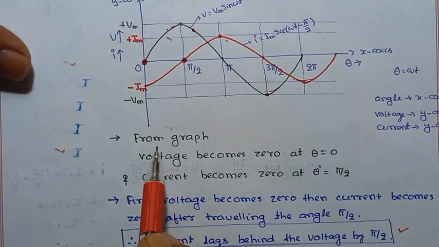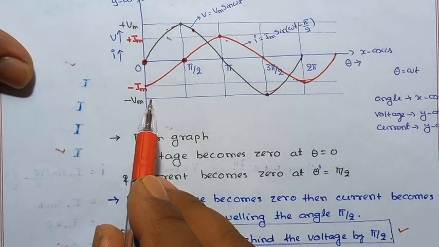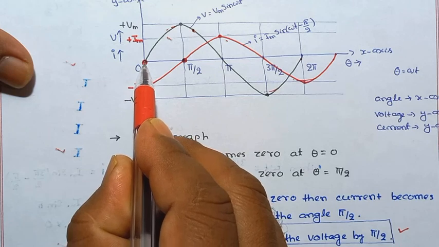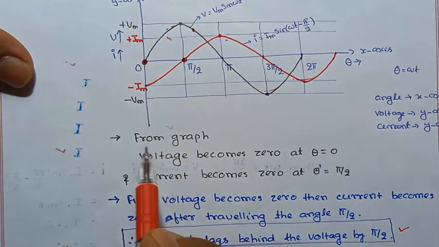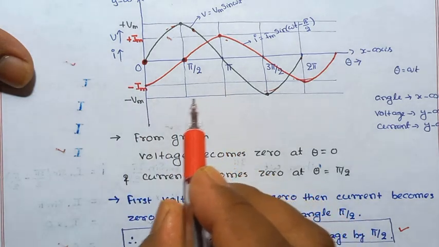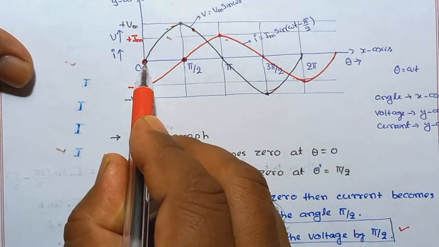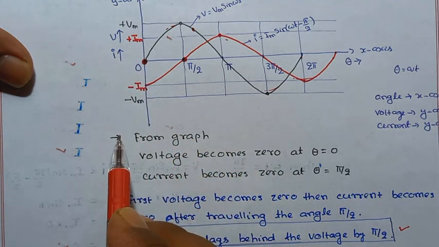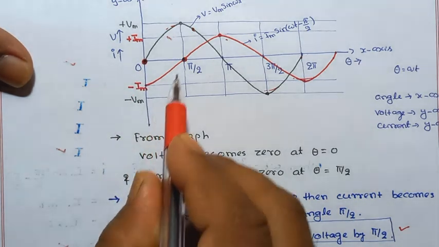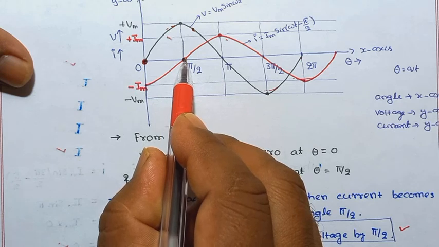From this graph, we come to the conclusion that voltage becomes 0 at omega t is equal to 0. Here, see, when omega t is 0, at that time voltage is 0. But current becomes 0 when omega t is pi by 2.